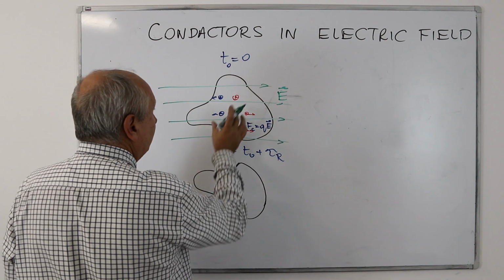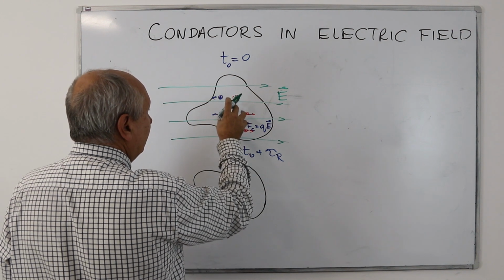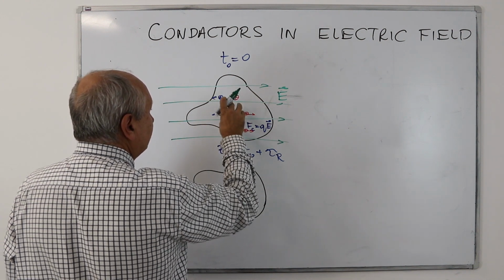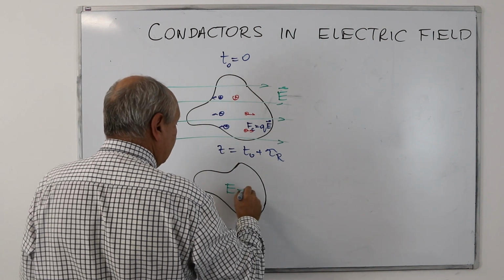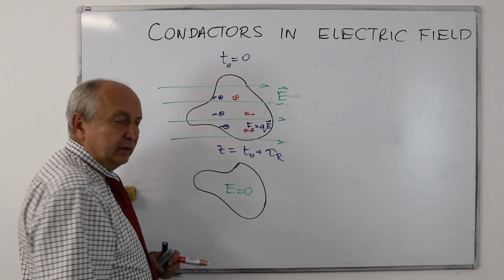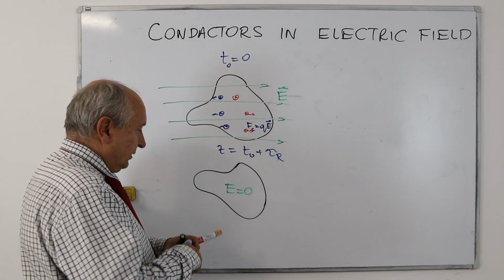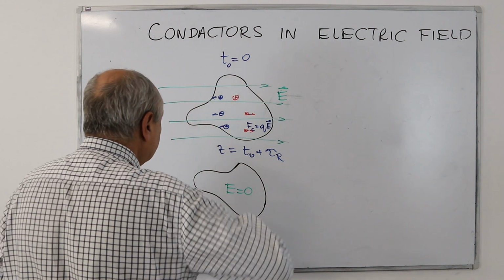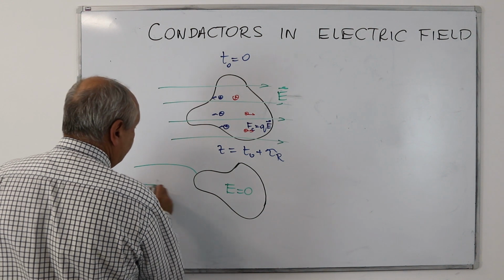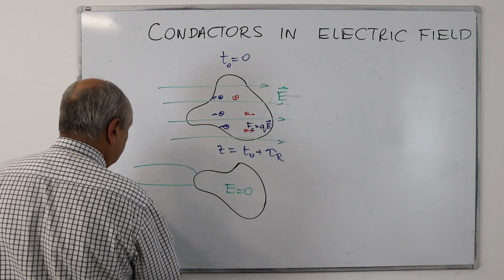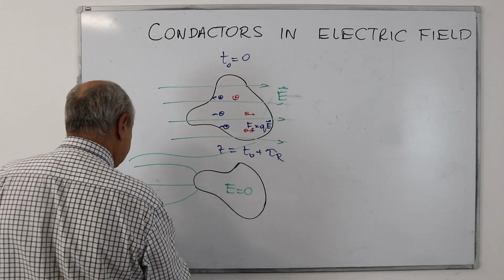They do not move anymore when the internal electric field is equal to 0. Only in this case charges don't move anymore. At the same time, the electric field lines change, they change their way.